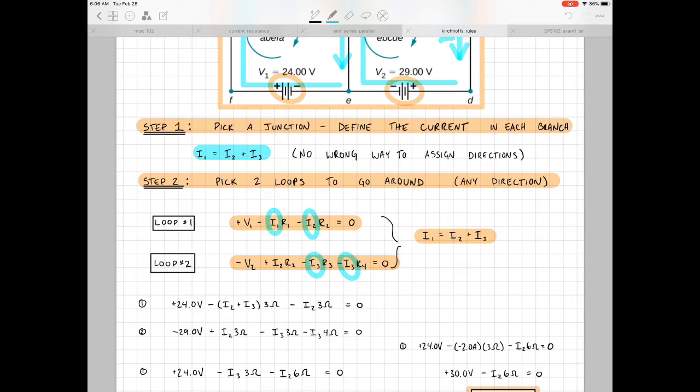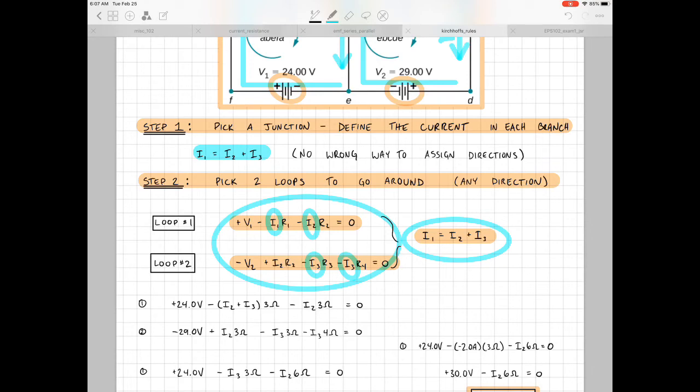When you look at just these two expressions, that is not enough information to solve for three variables, and that's why we need this third expression. So I've got three equations and three unknowns here.